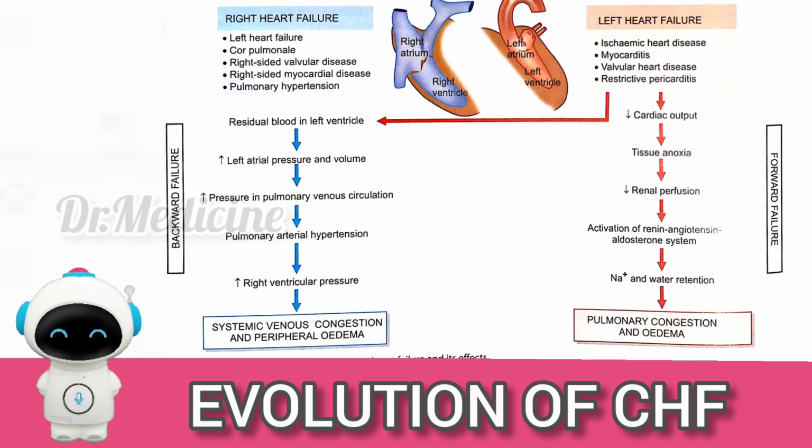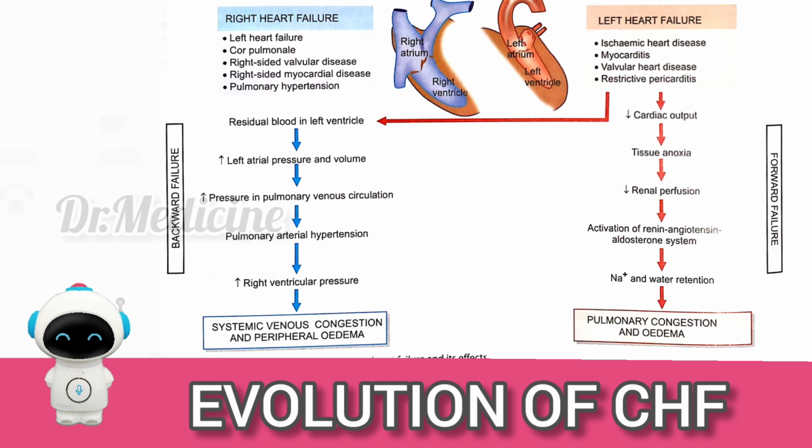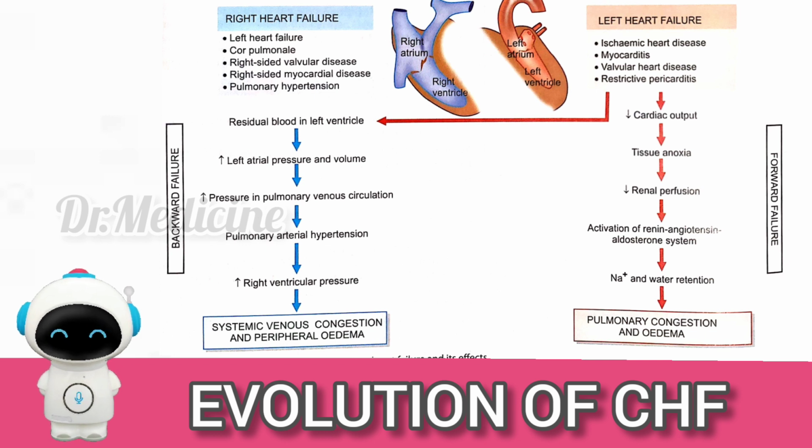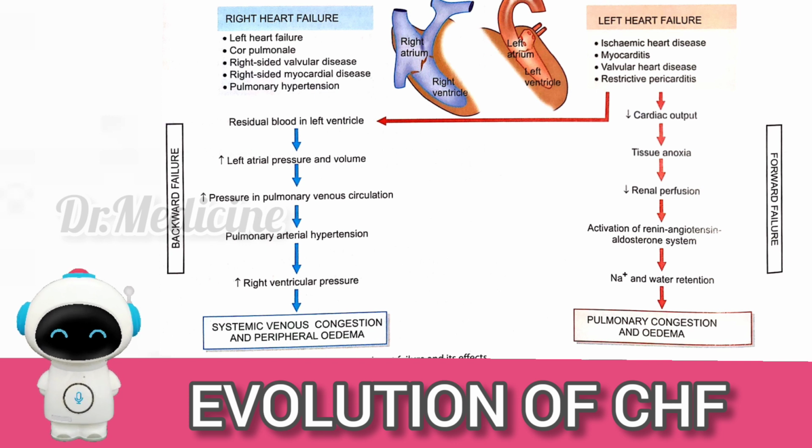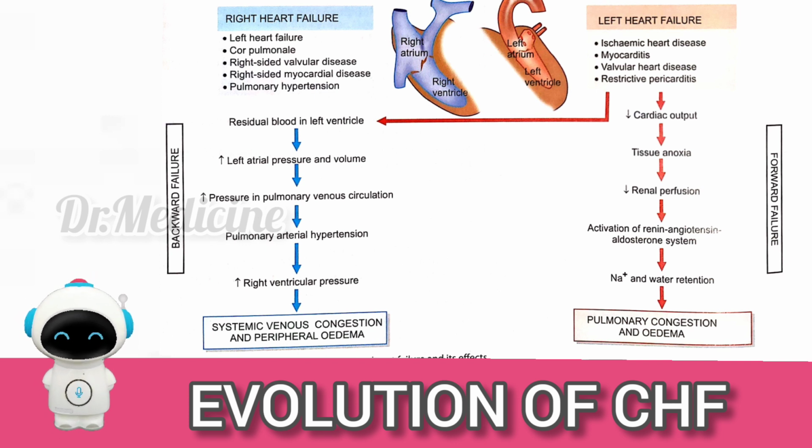The forward heart failure. According to this hypothesis, clinical manifestations result directly from failure of the heart to pump blood, causing diminished flow of blood to the tissues, especially diminished renal perfusion and activation of renin-angiotensin-aldosterone system.